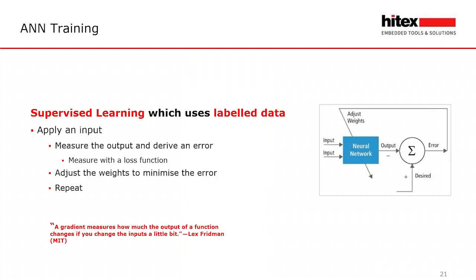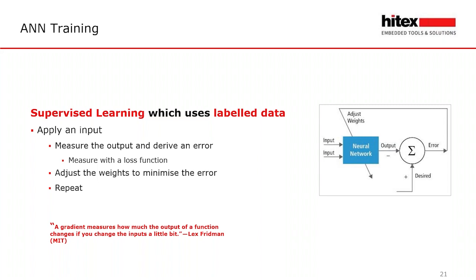Now, in terms of training, we do what's called supervised learning. So this has to have labeled data. And this can be a problem for a lot of projects, that we have to acquire a sufficient amount of data, and then we have to label it to say what it is, whether it's a cat, a dog, or whatever in the case of images.